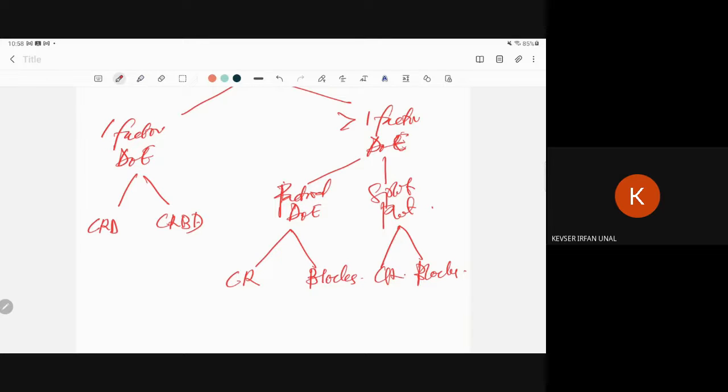These are the more general ones, but you also have more specialized designs such as CCRD. You also have mixture design, Taguchi, Box-Behnken, and all of those.